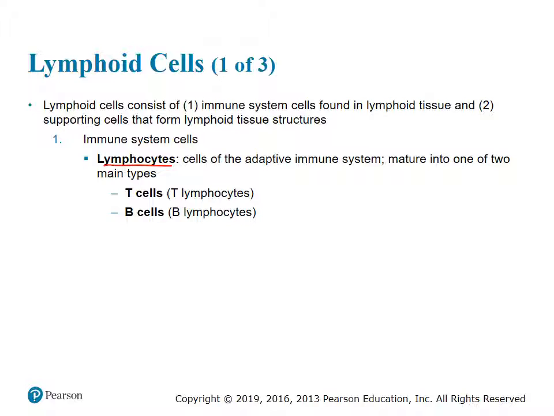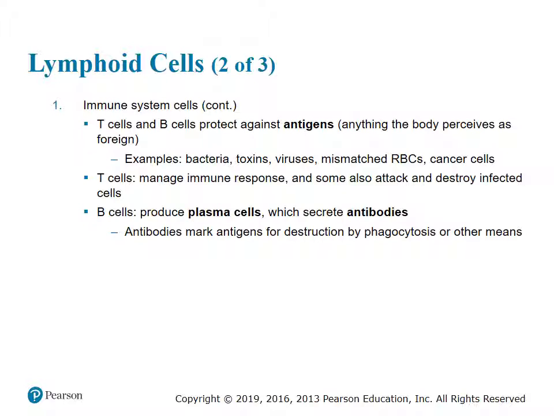T lymphocytes and B lymphocytes, or T cells and B cells. These are specialized types of immune system cells. T cells and B cells protect us from antigens.